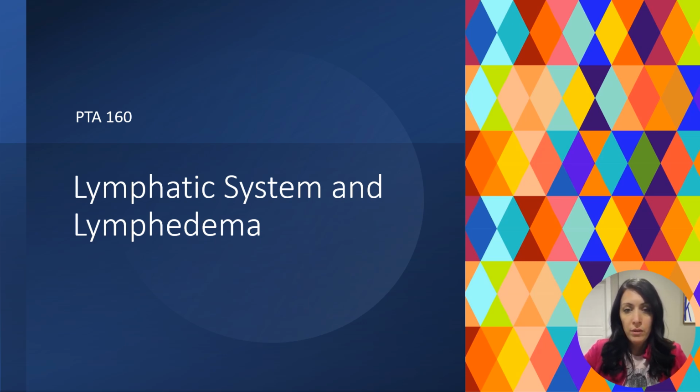It's very important that you know about the use, effectiveness, and limitations of therapeutic exercise when managing patients with lymphatic insufficiencies. Now, I'm talking about more of the system and the structure and function of the lymphatic system.